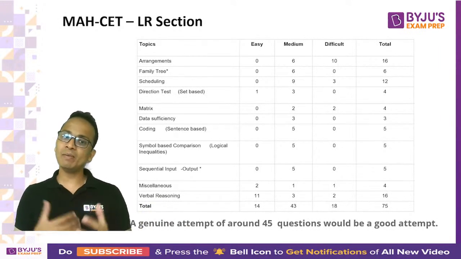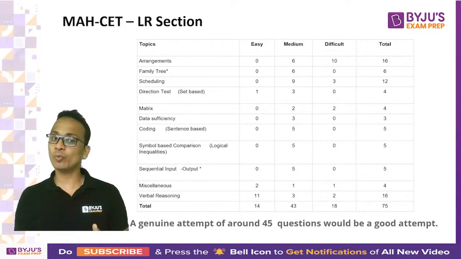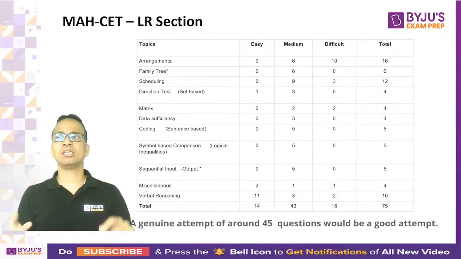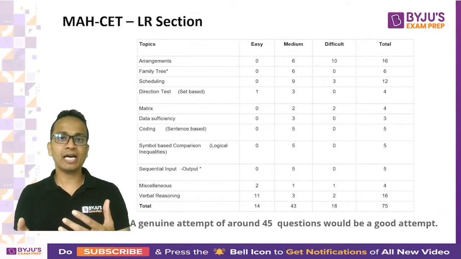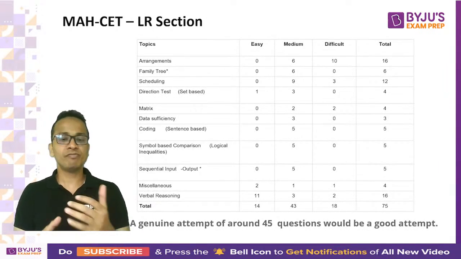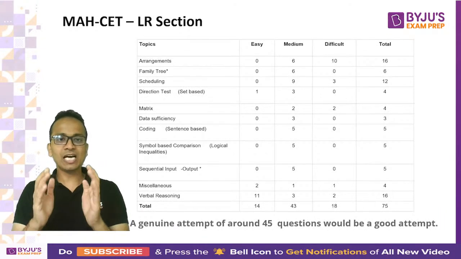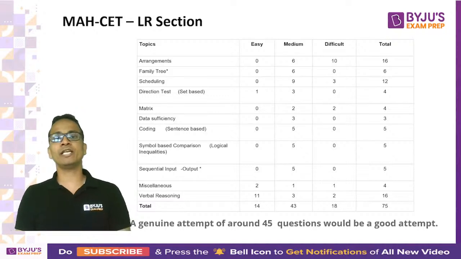Symbol based comparison, logical inequalities, sequential input output questions. Then there may be questions on verbal reasoning. Verbal reasoning may have syllogisms. Apart from syllogisms, it may have inference based questions. It may have facts, inference, and judgments, different types of questions. So these are a lot of areas from which you may have questions in LR.